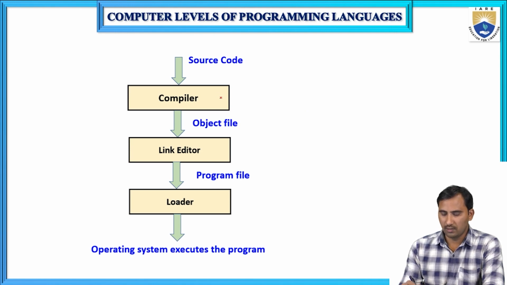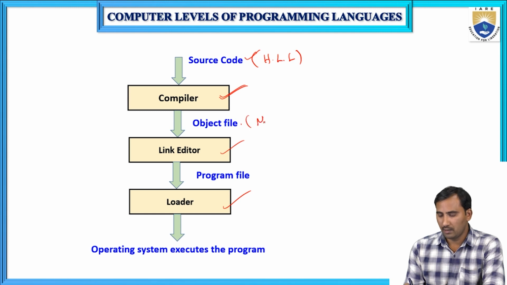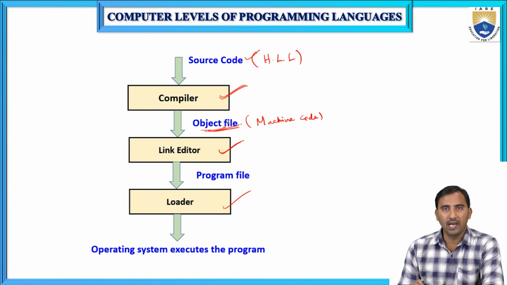These are the compiler, linker and loader. The source code we give to the compiler is converted into an object file, that is, machine code. Then comes the linker. The compiler generates an object file, but it is not suitable to give directly to the microprocessor.